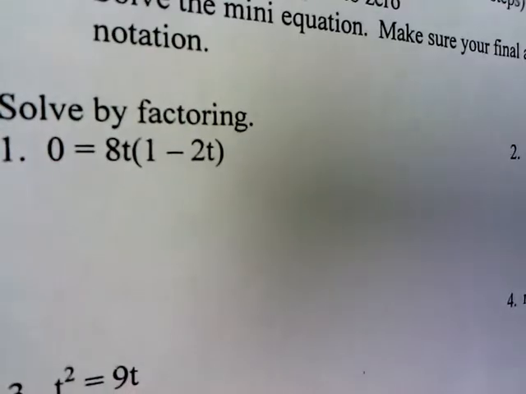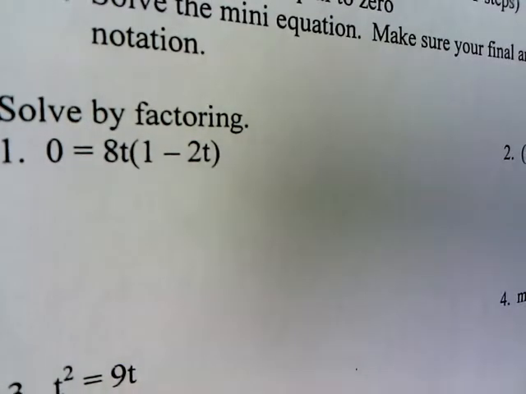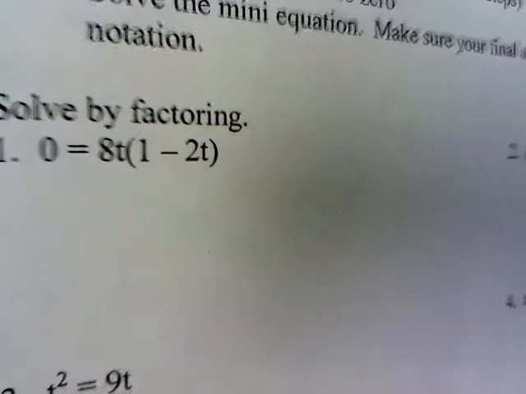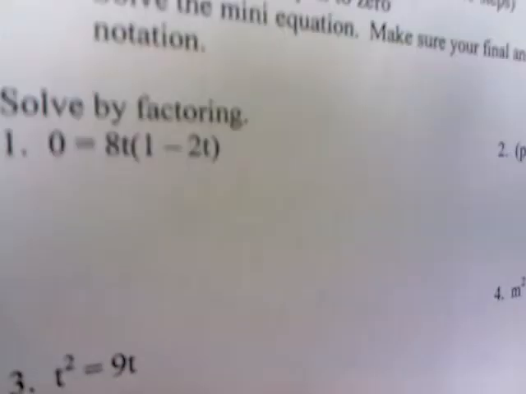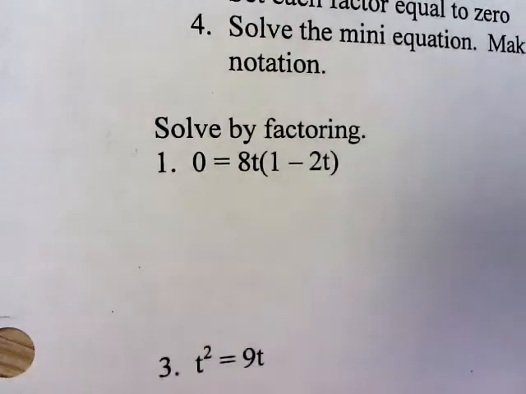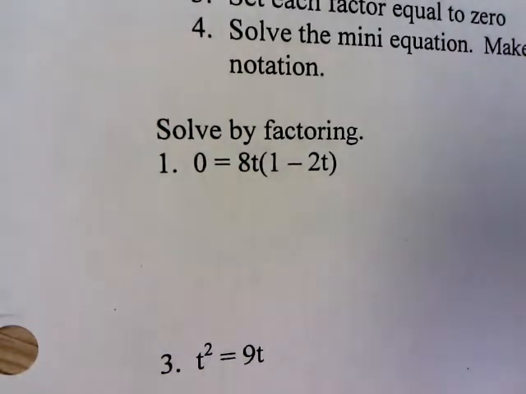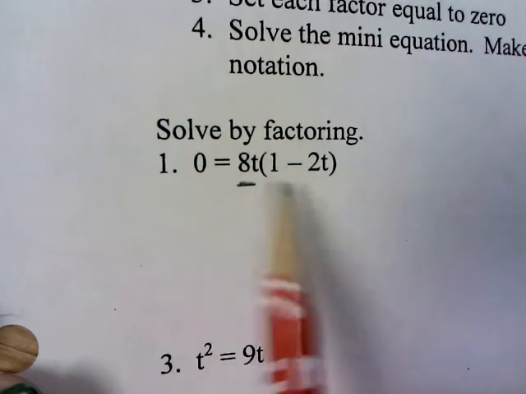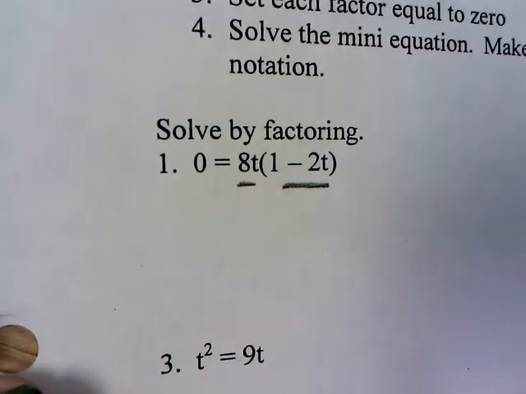All right, so looking at number 1, I want to solve this quadratic by factoring. First of all, it is already in factored form. How do I know that? Because I have the two things being multiplied, so I've already factored it. So I set each factor equal to 0.